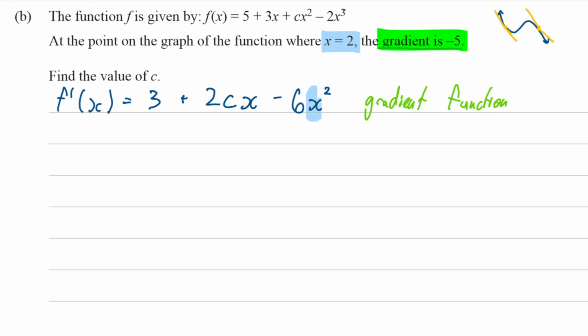So for any input x, the output is the gradient of our function at that x value. So now looking at the information we were given again, we were given an x value and the gradient at that x value. So we can substitute in what we know and solve for c. So in for the gradient, we'll go negative 5.